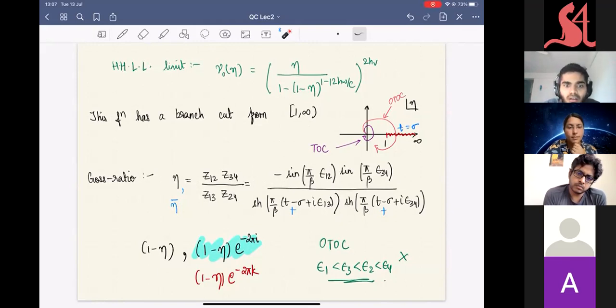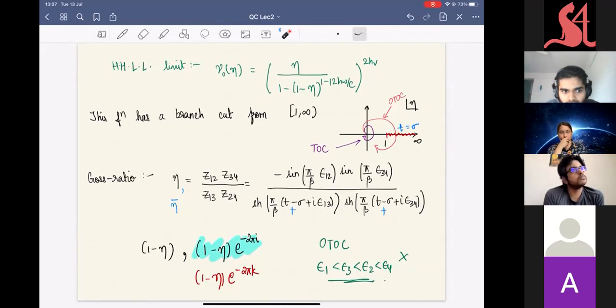All I'm saying is that when this 1 minus eta is in the denominator, you can tune your t and this c, h over c, such that this object is still small. Then you can expand. But for that to hold, your t must be much less than t star.